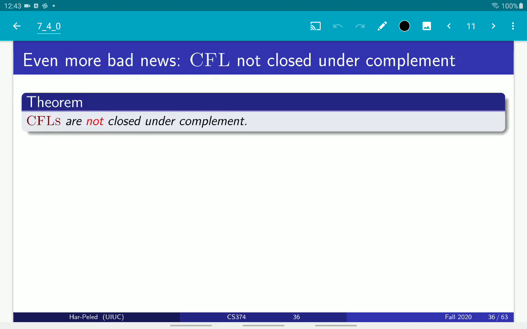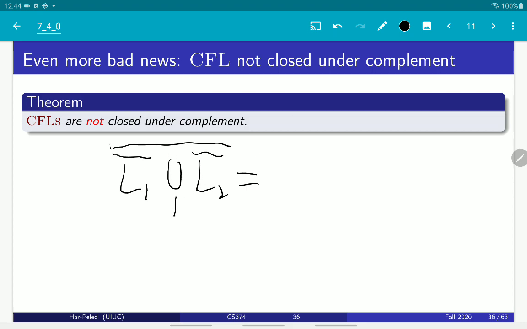Okay, let's go back to bad news. Context-free languages are not closed under complement. The reason is, let's assume they were closed under complement, and think about the following expression: we complement L1, we complement L2, we take the union, and we complement it. Context-free languages are closed under union, so if they were closed under complement, this would just be L1 intersection L2.